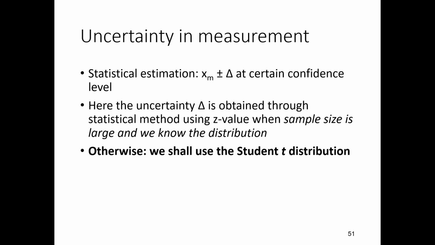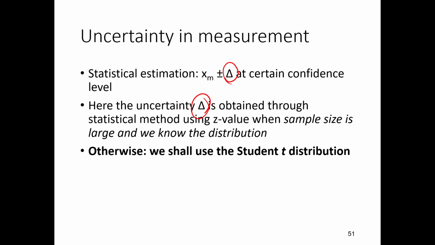The discussion we have had so far was for regular statistics, survey analysis, and all of those things. But if you want to calculate the uncertainty in measurements, we have to identify a certain confidence level, and that uncertainty is usually represented with capital delta.